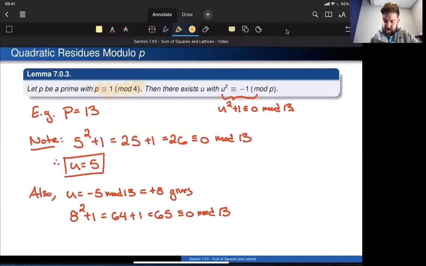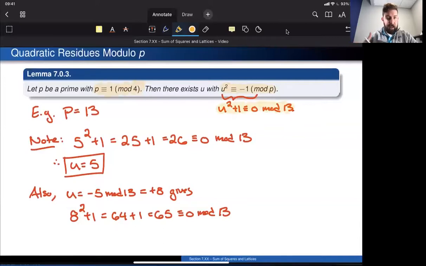That is, I can solve this little equation u squared equals -1 mod P. If you don't like negatives, you can move that negative over to the left, and we'll be able to find some u that when I square it and add a 1, it's going to be a 0 mod P.